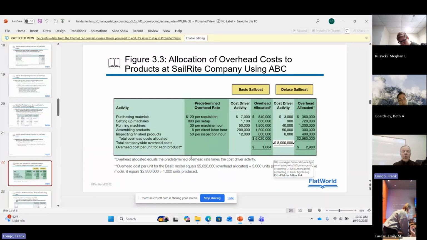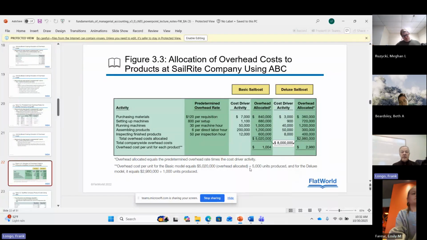So to get to the overhead cost per unit, we need a unit cost. For the basic sailboat, we take the $5,020,000 of allocated overhead and divide it by the number of units produced.